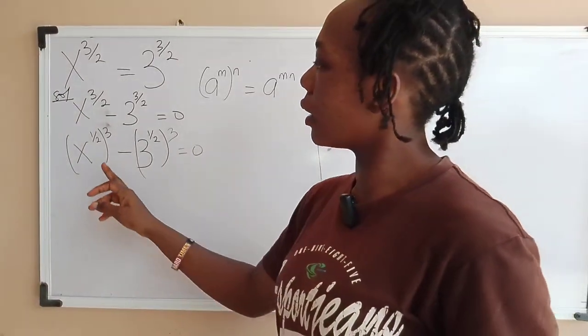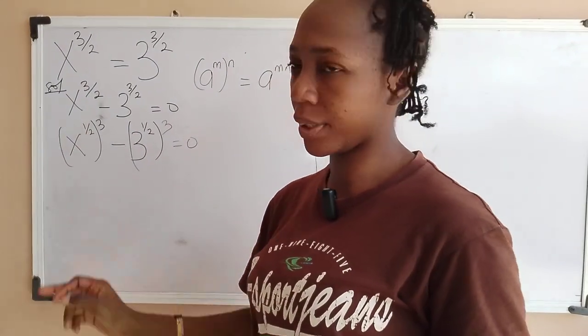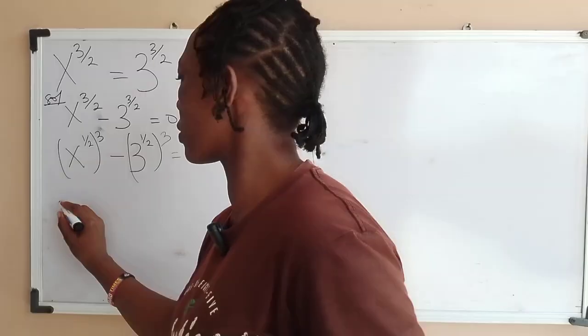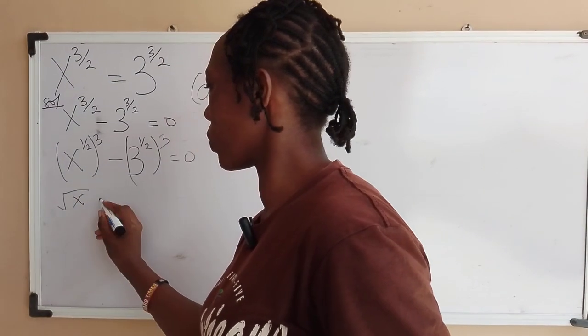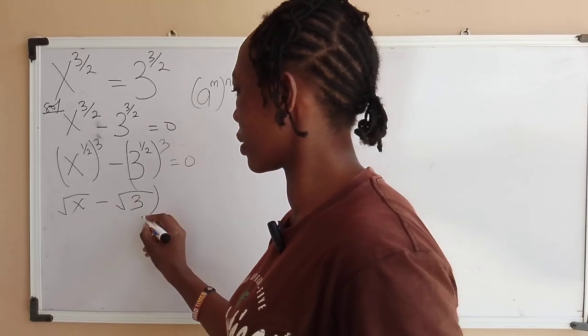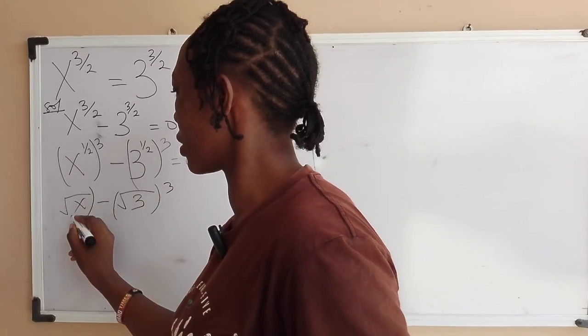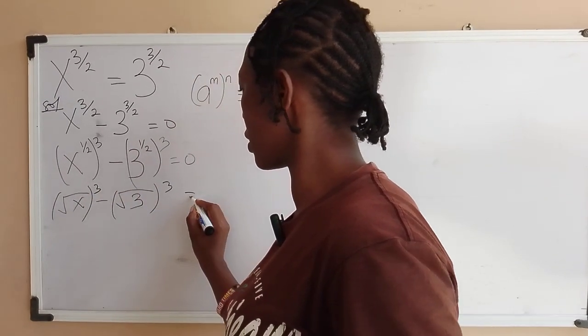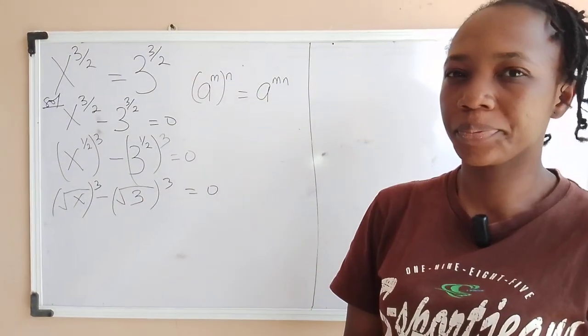Are you seeing that? What does the power 1 over 2 mean? It means square root. So we're just going to say (square root of x)^3 minus (square root of 3)^3 equals 0.